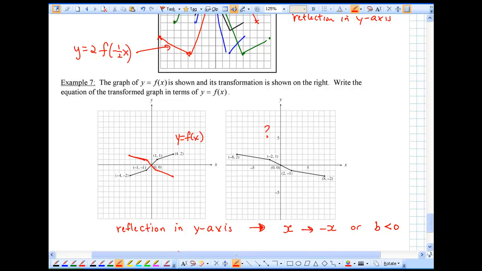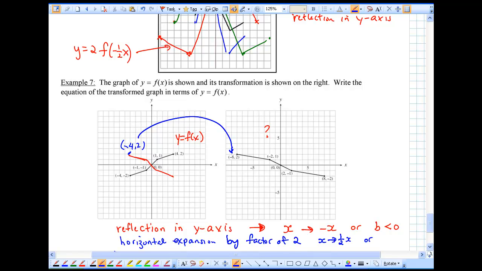Okay. This now looks more like the graph on the right, but something else seems to have changed. It seems to have gotten bigger, and I would say a horizontal bigger. So that would be called the horizontal expansion. And just looking at the points here, this point is negative 4, 2, and that's supposed to be now negative 8, 2. So I'm predicting this is an expansion by a factor of 2, which means the x actually gets replaced with the factor of 1 over 2, or b equals 1 over 2.